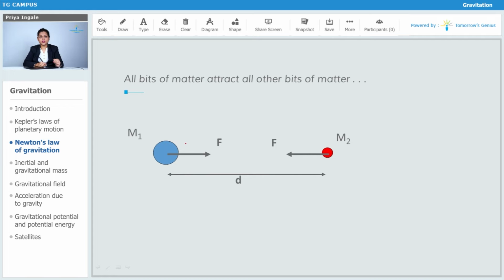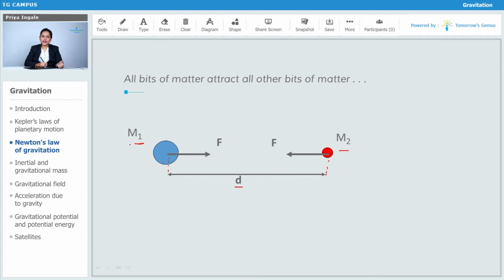So here, if I am considering two point masses m1 and m2, the distance between them is d. If these are some symmetrical bodies, then we'll consider the center to center distance as d.